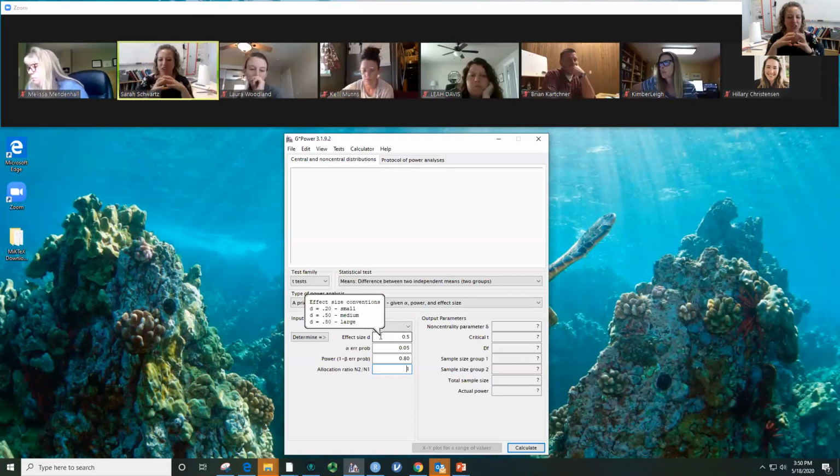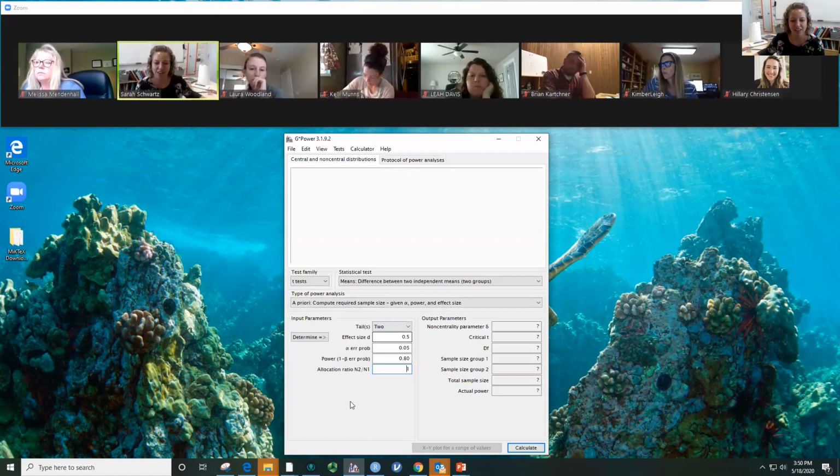So it will remind you, Cohen's D of 0.2 is considered small, around a 0.5 is medium, and around 0.8 is large. What does it default to? 0.5, which is medium, a half a standard deviation. Let's leave it there. We've got all of our inputs, all of our ingredients put in.